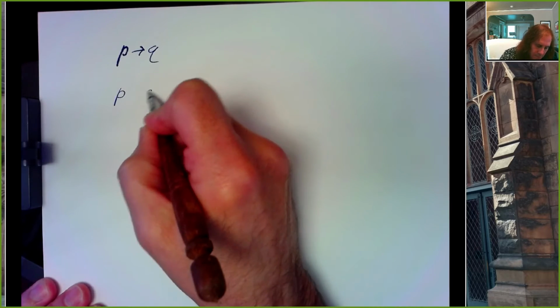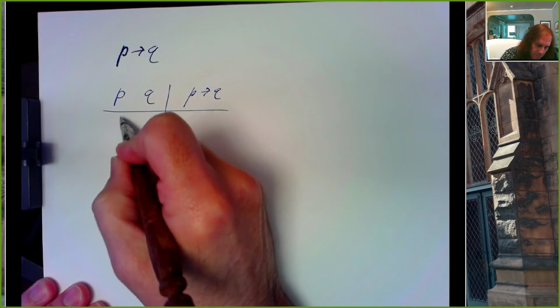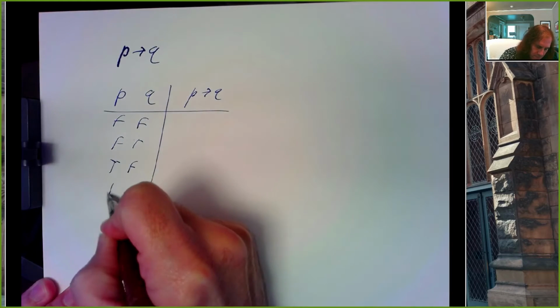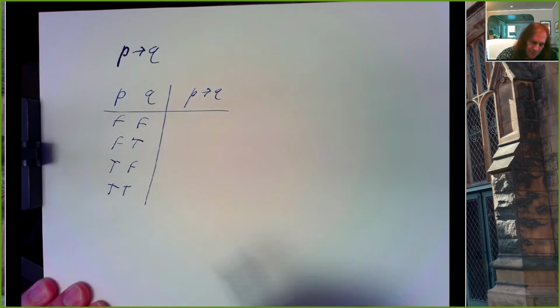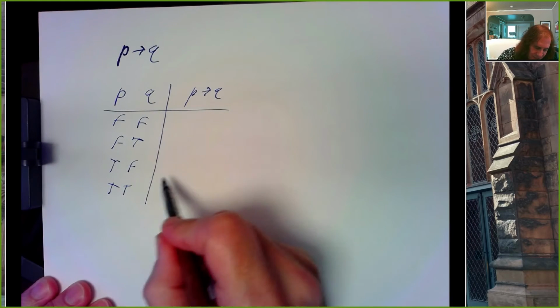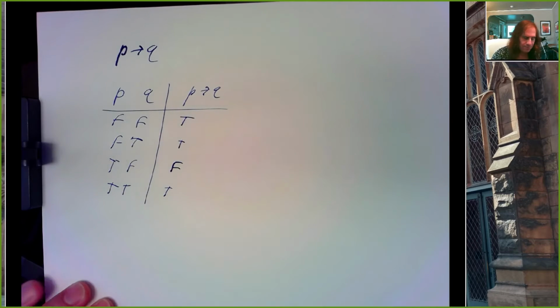So can't we derive something from that? So there's your possibilities, and this only fails to be true if the hypothesis is true and the conclusion is false. Otherwise, it's always true.